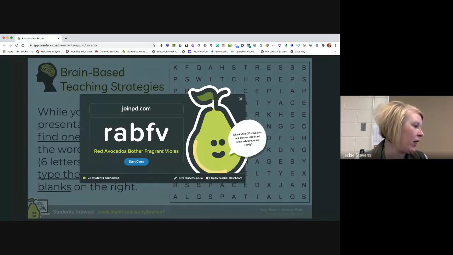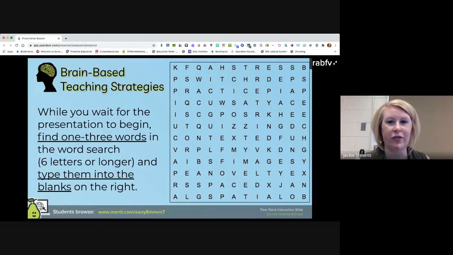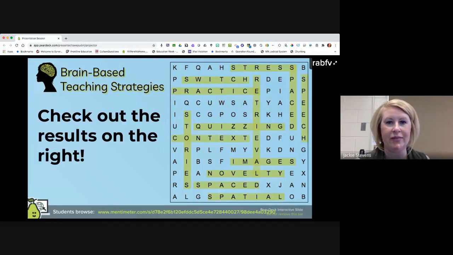While you have been waiting, you've been looking at a little word search, trying to find some words. Let's see first of all how everybody did. On your screen on the right, hopefully you can see some of the results.